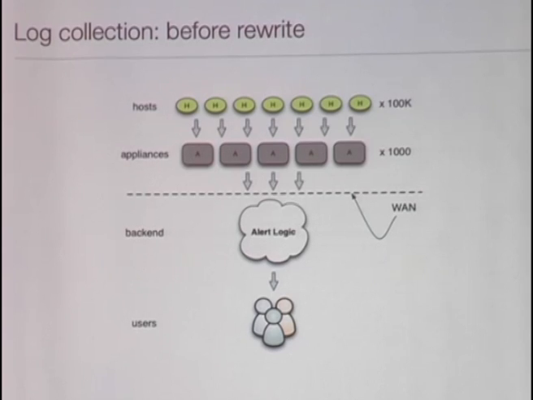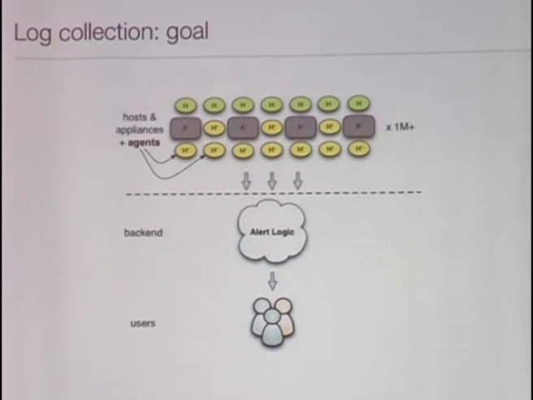And some hosts go up and down, like they don't have a permanent internet connection. They're located somewhere like oil rigs. So collecting logs from them is actually a fairly challenging problem, and doing it at scale, and reliably, is even more challenging.